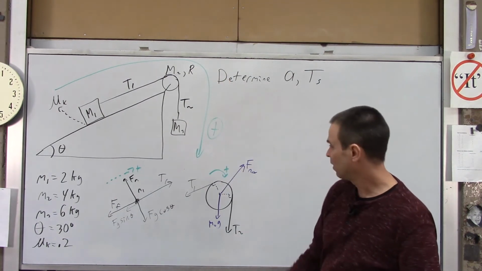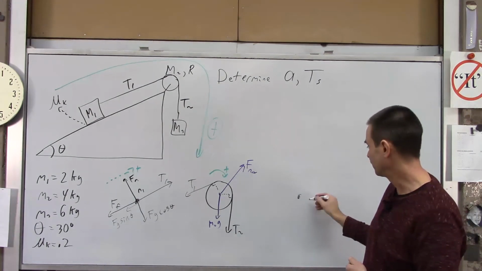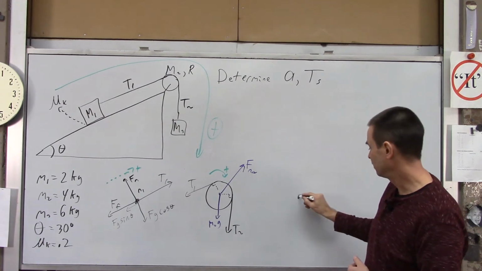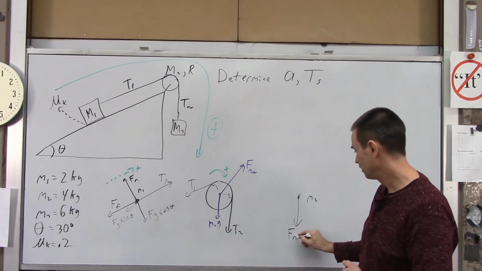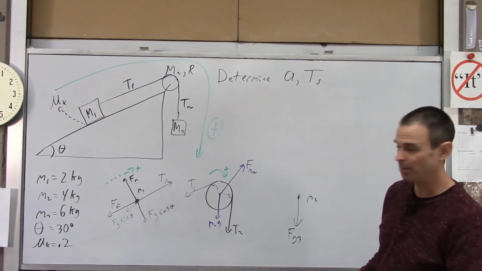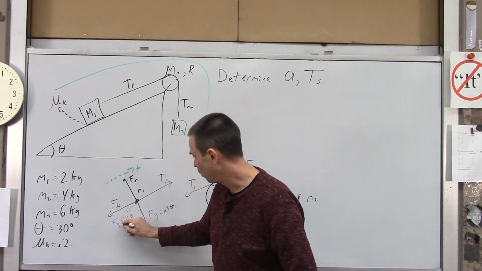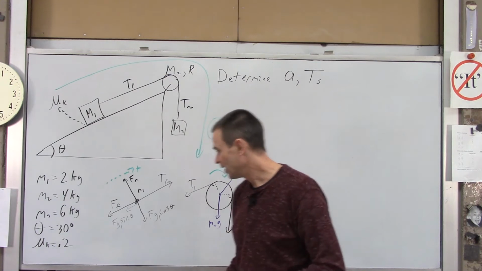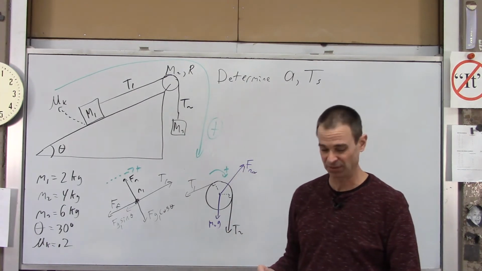Now I'll go ahead and draw M3 right here. He's easy. He's got gravity pointing down, that's FG3. And by the way, I'll make a quick note. I'll call these FG1. I don't ever like to have the same letter in 2 FBDs unless it's actually the same thing.